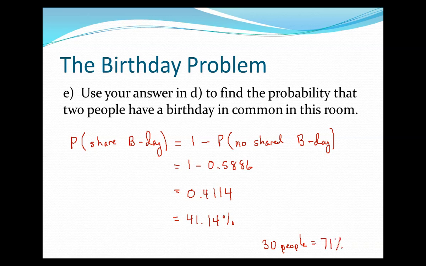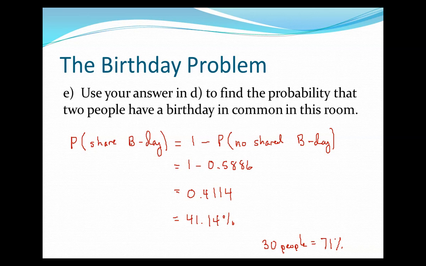So you're definitely more likely than not in a group of 30 people. I believe around 50 people, well, I can just do it quickly actually. With 50 people, you're pushing 90%, even higher. So the birthday problem is a really interesting application of what we've done today.